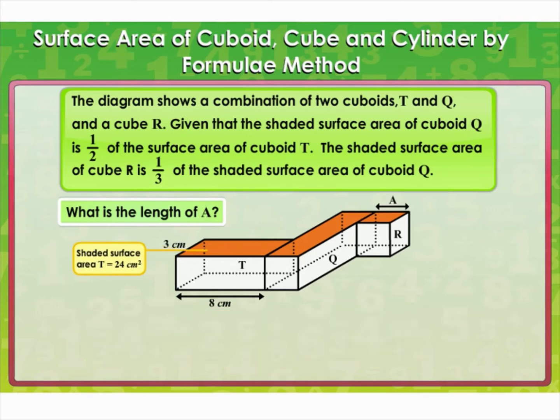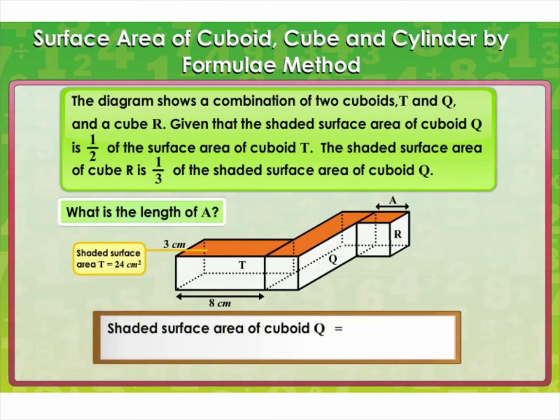We know that the shaded surface area of the cuboid Q is half the surface area of the cuboid T. So, halving 24 square centimeters gives us 12 square centimeters. Therefore, the shaded surface area of cuboid Q is 12 square centimeters.